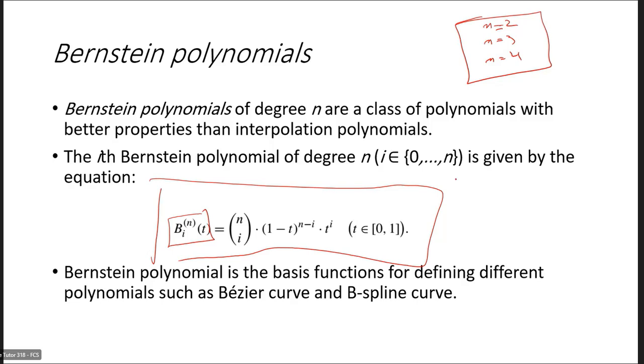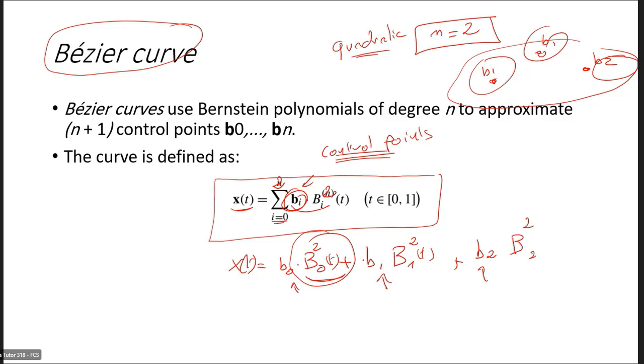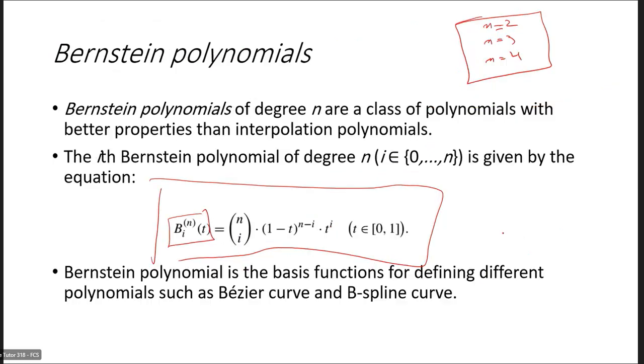Now let's calculate. What do you have here? We have b_0,2, b_1,2, and b_2,2. So I have to calculate b_0,2 of t, b_1,2 of t, and b_2,2 of t. Now let's do it together. Let's calculate b_0,2 of t first.